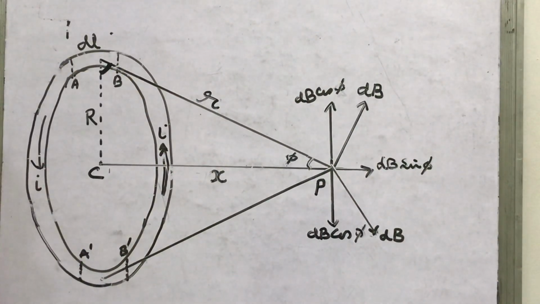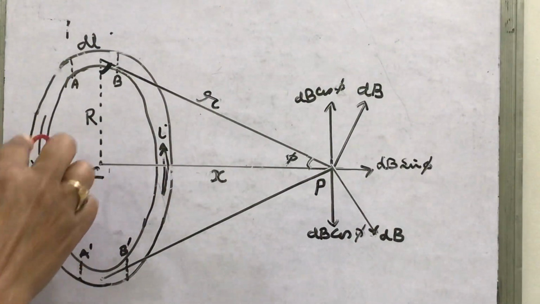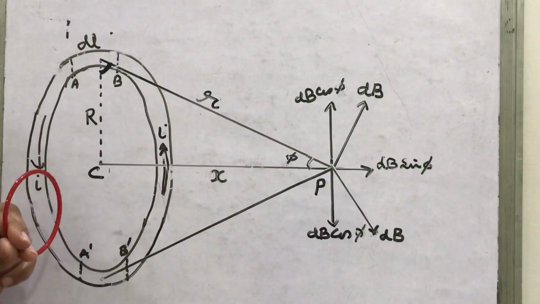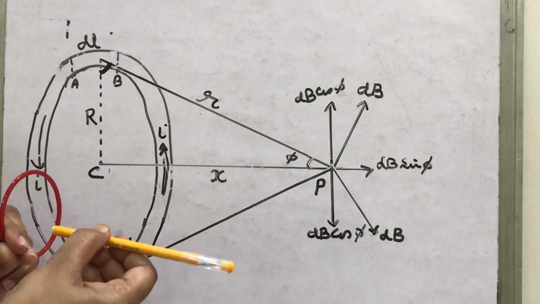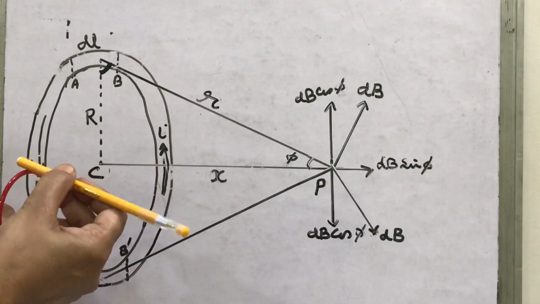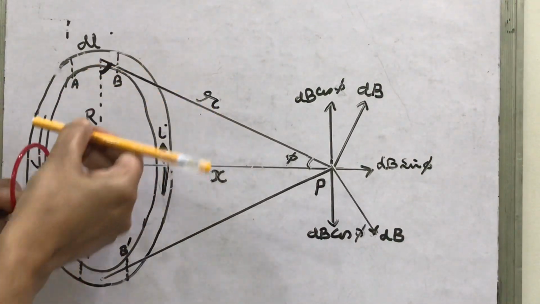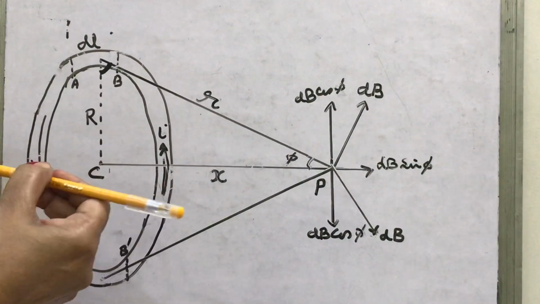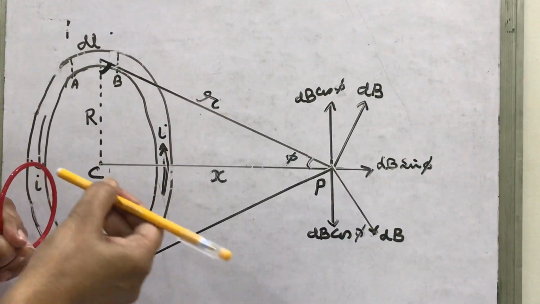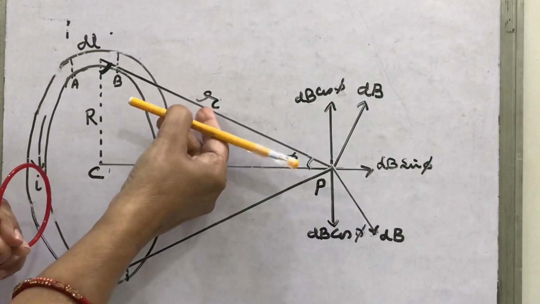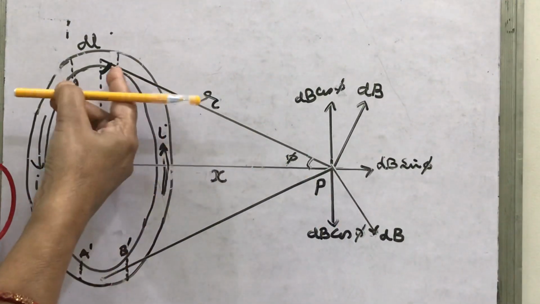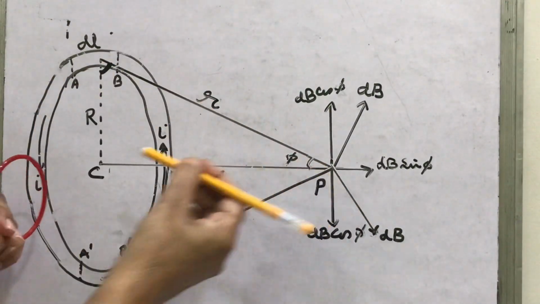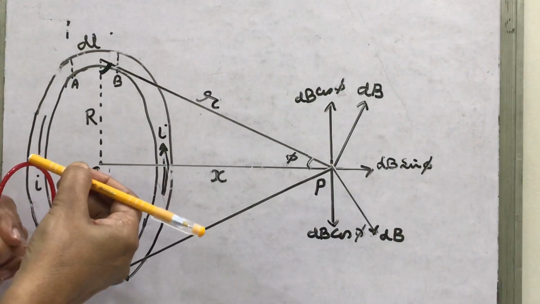90 degrees. How? Look again, if this is the current carrying coil, current is outward, this is the axis here, and at the topmost point this distance is R. So this is the tangential direction of current, and at the axis you have joined this small r, the distance of dl from P, that is 90 degrees.